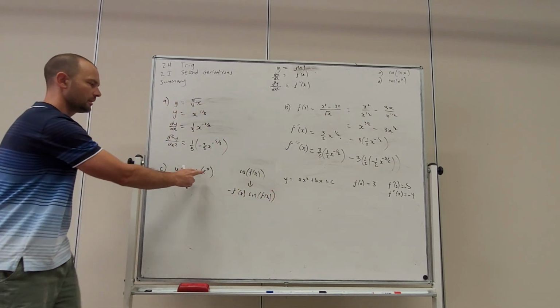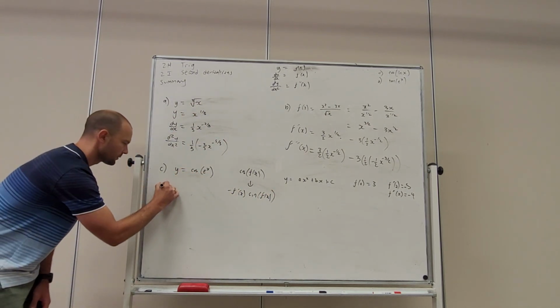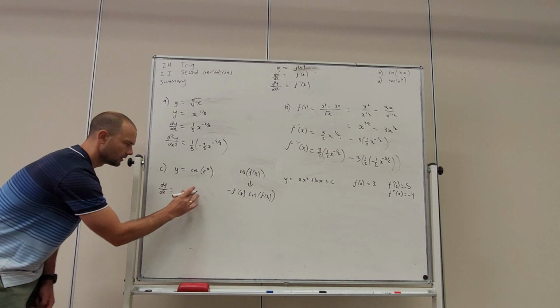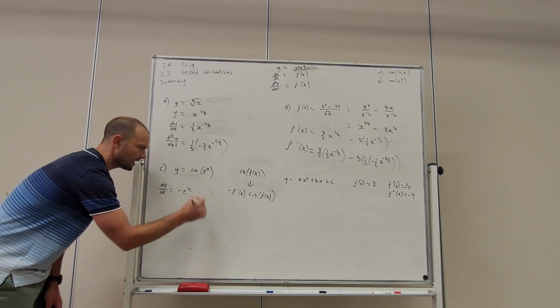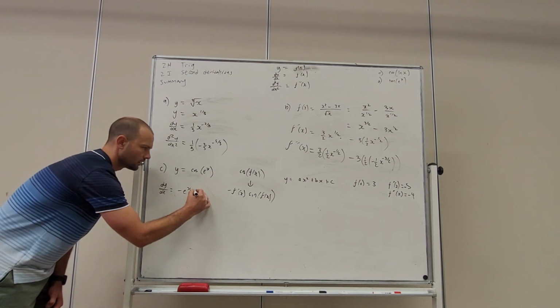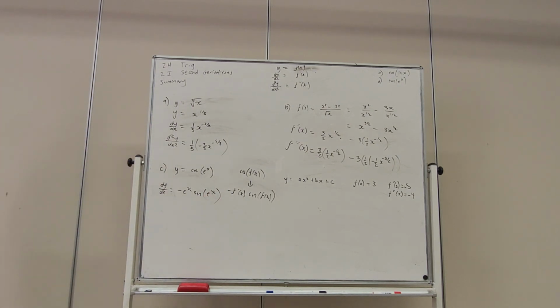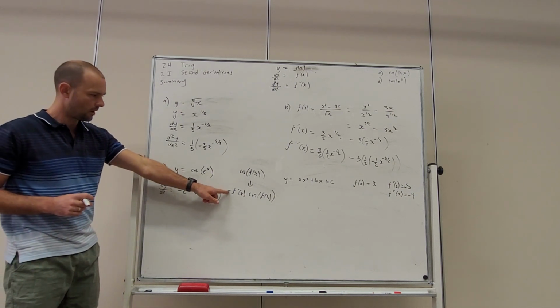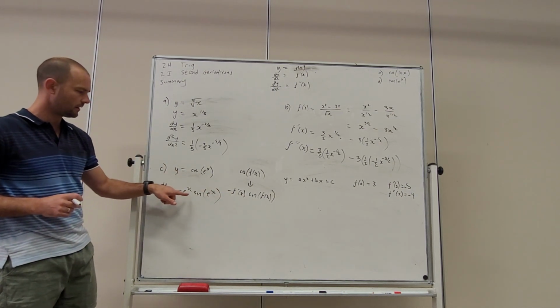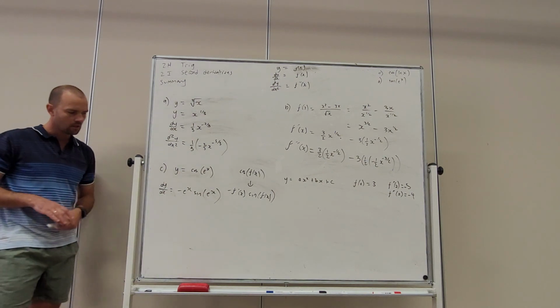Okay, so we know the derivative of e to the x, so we can go straight to the first derivative. It will be minus e to the x sine of e to the x. Okay, that's our first derivative. So there's the minus, there's the e to the x out front, and then sine of the function.